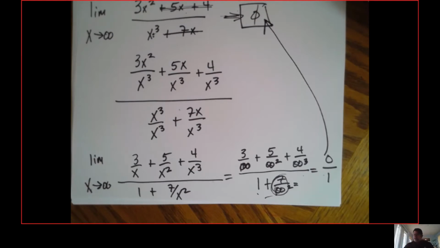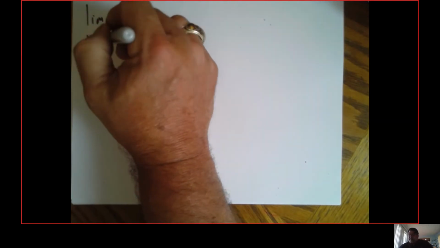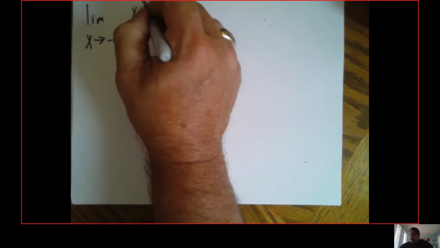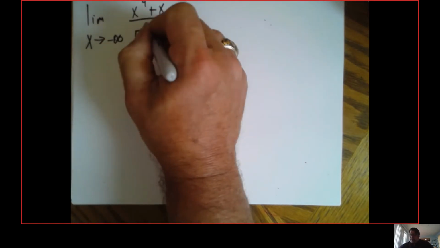All right, let's try another one. Limit as x approaches negative infinity really doesn't matter. I mean, you can plug it in, you're still going to get the same thing. The limit as x approaches negative infinity of x to the 4th plus x over 5x cubed plus 7.